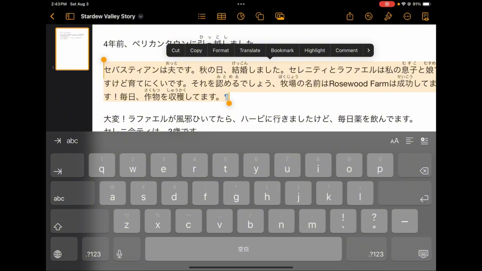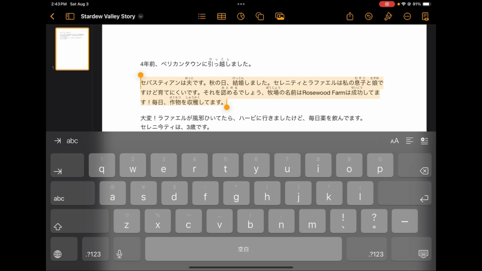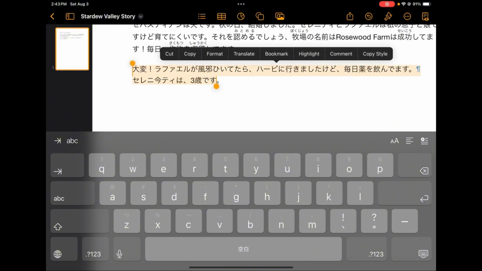So Stardew Valley, I married Sebastian, and in game we have two kids, Serenity and Raphael. It's like Raphael got sick, and one cutscene had Sebastian kind of panicking. What's wrong with Raphael and stuff.